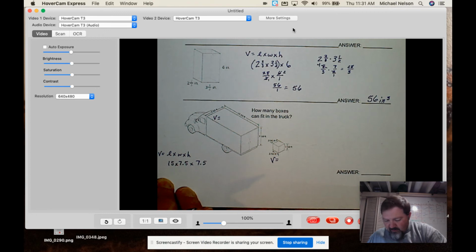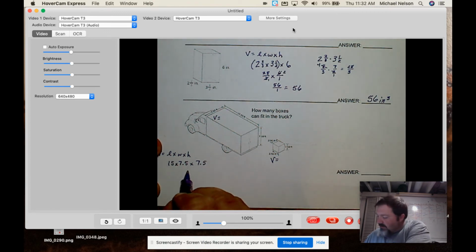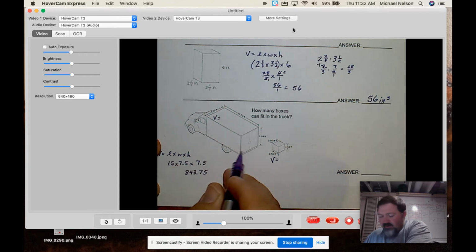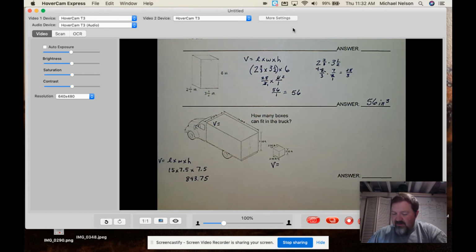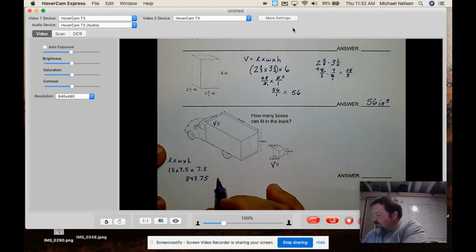So I'm just going to multiply all 3 numbers together, and hopefully you get the same thing I do. 843.75. Calculators don't lie, but they also will only do what you put in. So if I made a mistake, then it would record it wrong. So I double check almost always. And I found that number again.